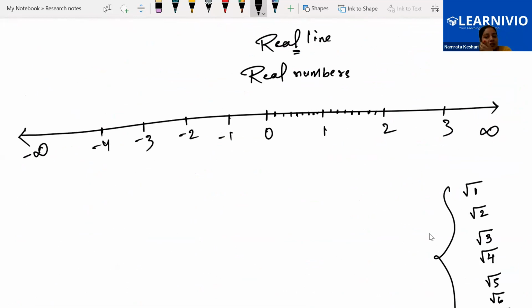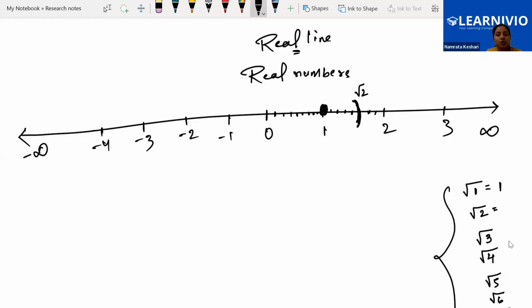If we take natural numbers only, we will get a lot of points on the number line, but not all. We have infinite points. Root 1 is only 1. Root 2, we saw, lies in between 1 and 2. It is 1.4 something; we don't know the accurate value, but we got the location of root 2.